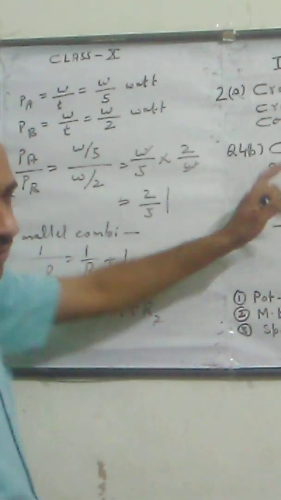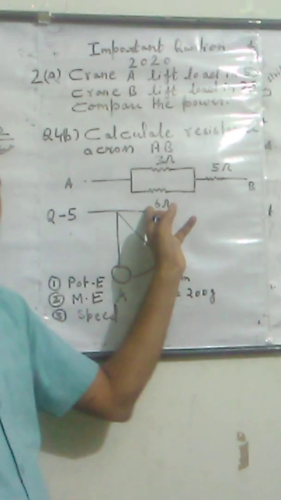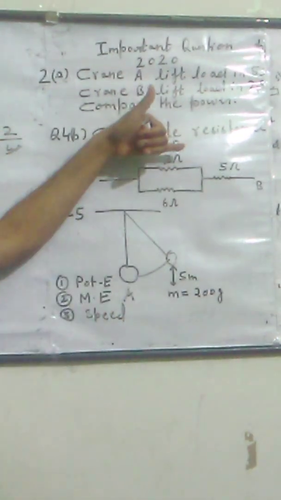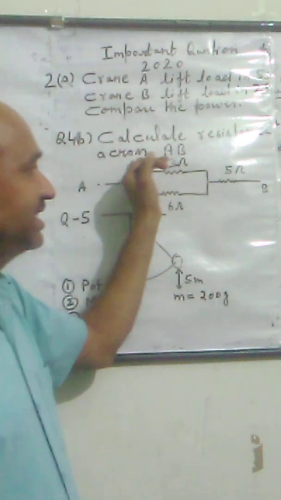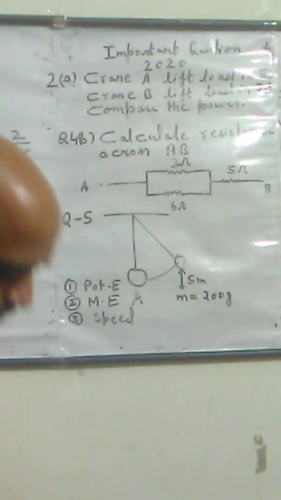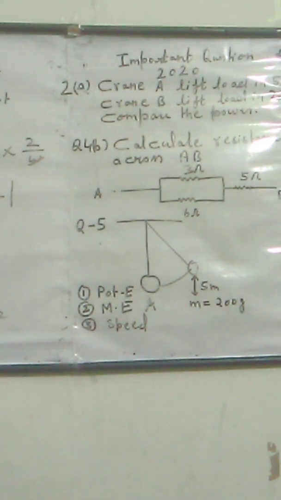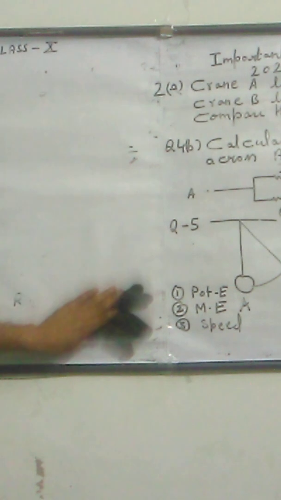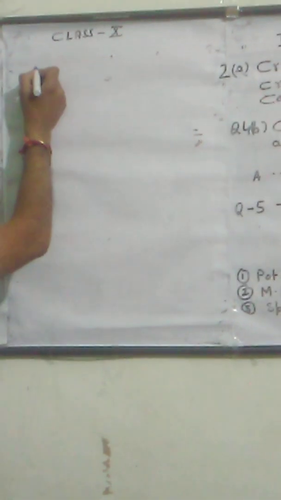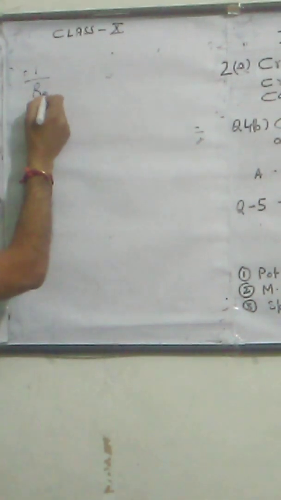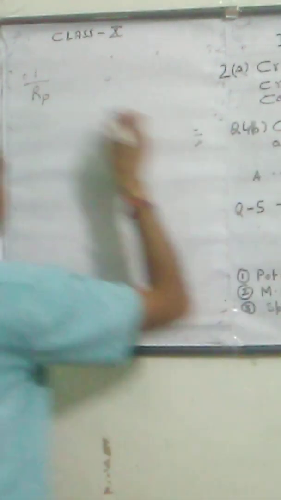Now if we look at the figure, these two resistors are in parallel, and whatever we get from here is in series with this. So to find the equivalent resistance between A and B, first of all we find RP.